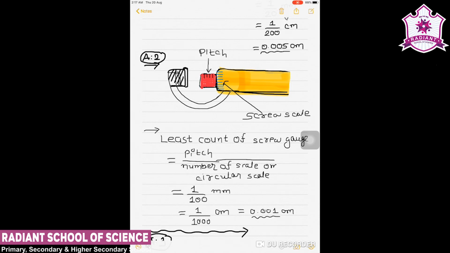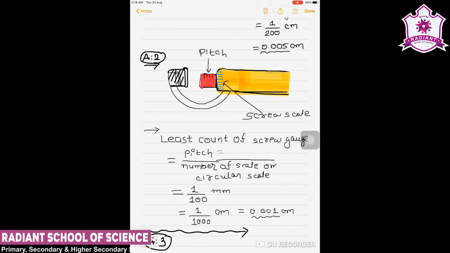On that we have around 100 divisions. So here also we can calculate the least count of the given instrument by the pitch distance upon the total number of divisions on the circular scale. Here the pitch has divisions in millimeter, 1 millimeter between two divisions. So the pitch distance is given, that is 1 millimeter.